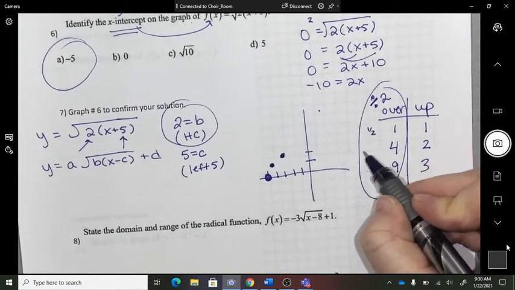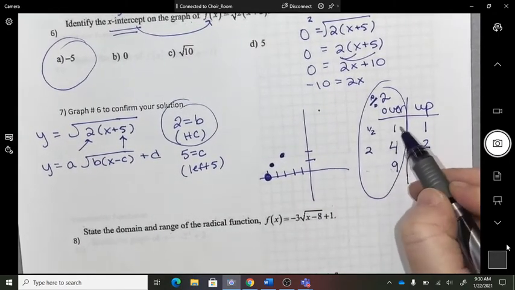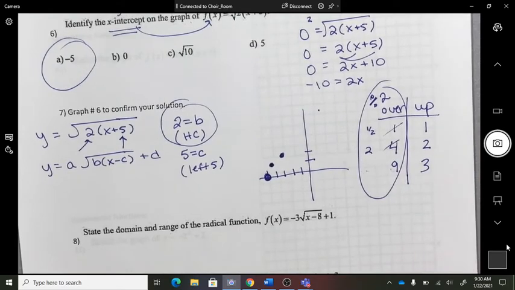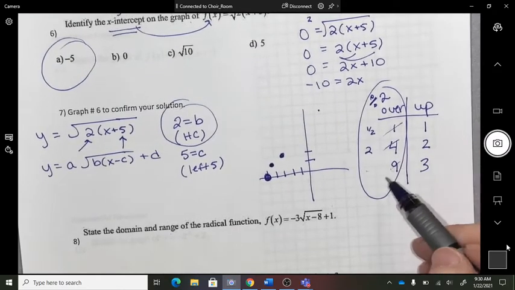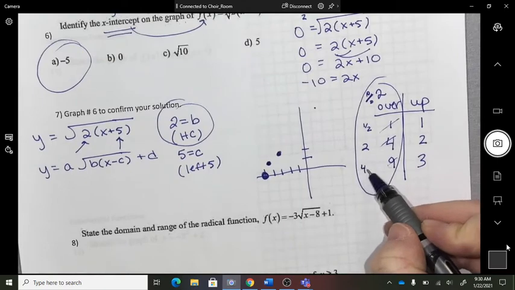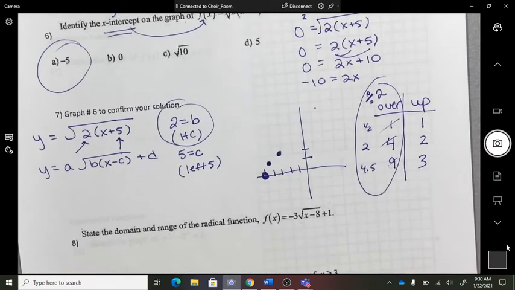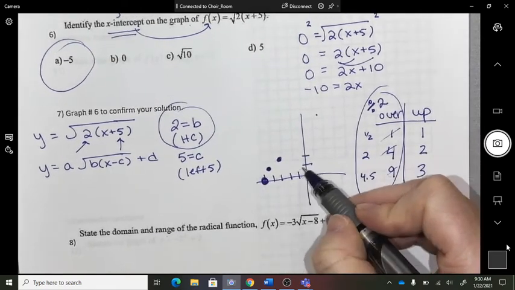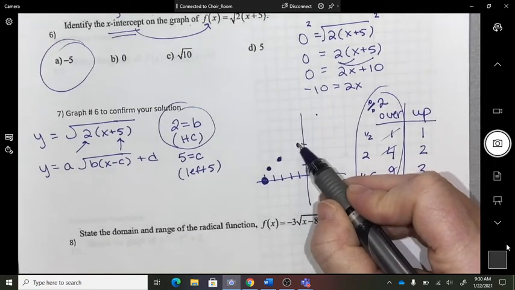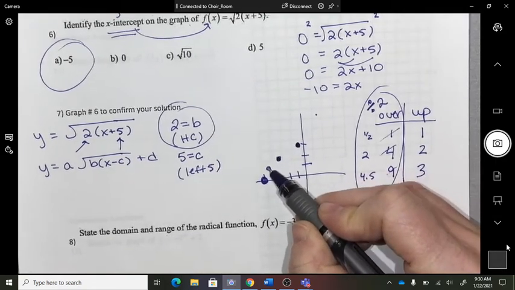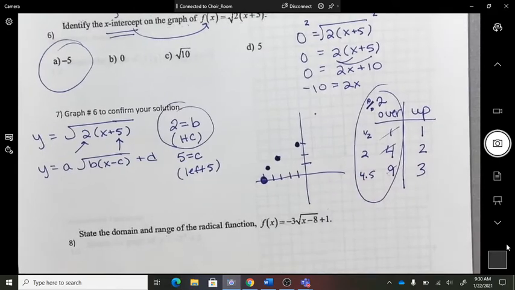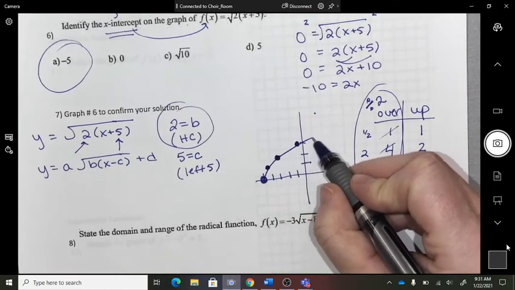You're going to move 2 over, 2 up, and then you're going to move 4.5 over, 3 up. And then there's your radical.